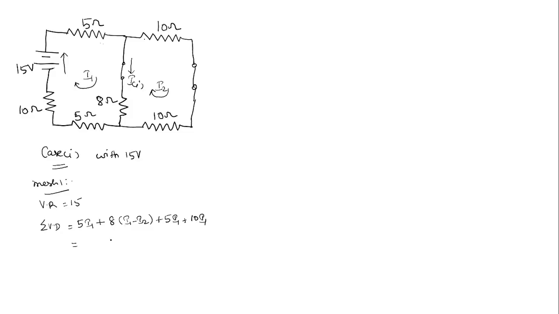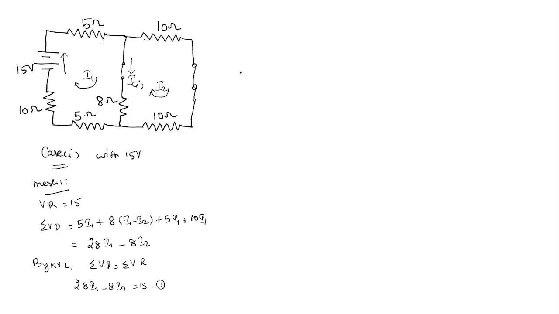Okay. So by adding all these, we will get 28I1 minus 8I2. Okay. So this is the sum of the voltage drops. Now by Kirchhoff's voltage law, we know that the sum of the voltage drops is equal to the sum of the voltage rises in a closed circuit. Okay. So now this can be written as 28I1 minus 8I2 is equal to 50. So this is equation number 1.